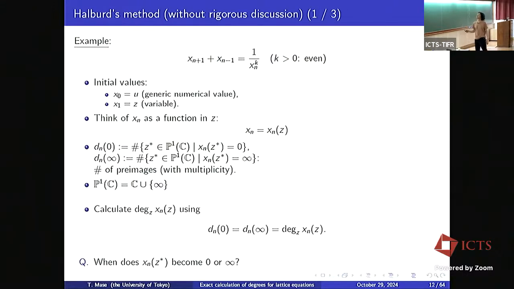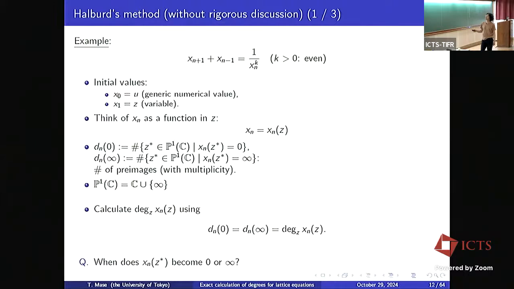Okay, so let's review Halber's method on the same example. We'll focus on the degree with respect to x1, so say z, and x0 is just a generic numerical value. Think of xn as a one variable function in z. x0 is just generic, and z is the variable.